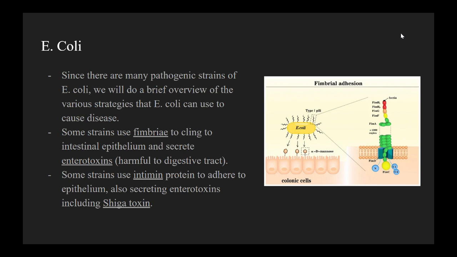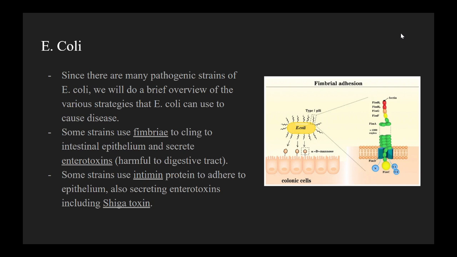Some strains use those to cling to the cells in our intestines, what we call the epithelial cells, which are the cells on the very outside layer of our intestines. They can also secrete, or release, what are called enterotoxins. These are compounds that are very toxic specifically to the digestive tract.